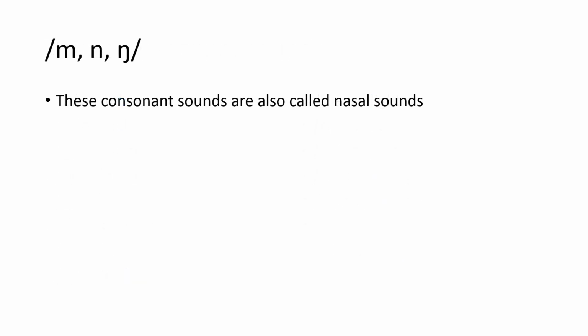In addition to being voiced consonant sounds, the M, N, and Ng sounds are also called nasal sounds because when they're made, the air is released through the nose and not through the mouth like the other consonant sounds.